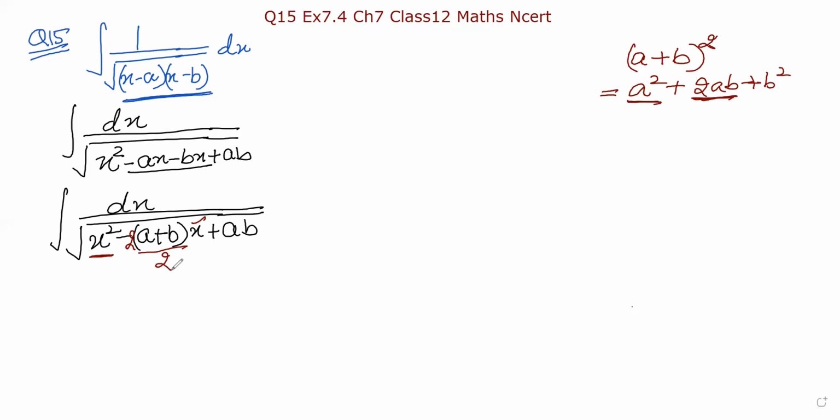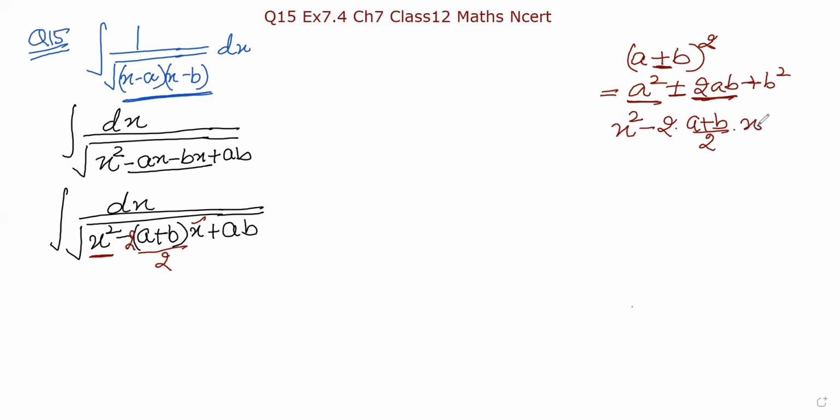So in this way, if I compare these two, I can find that a square is equivalent to x square, and then I have minus here, so I will be using the formula of minus here, not the difference. So minus 2 into (a plus b) upon 2 into x.